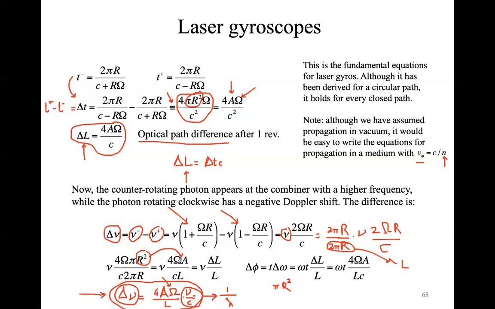The other possible formulation is by substituting the expression of the optical path length in the delta nu. But of course, this is an additional formulation that you can take into account when we look at the fiber optic gyroscopes in the next lecture.